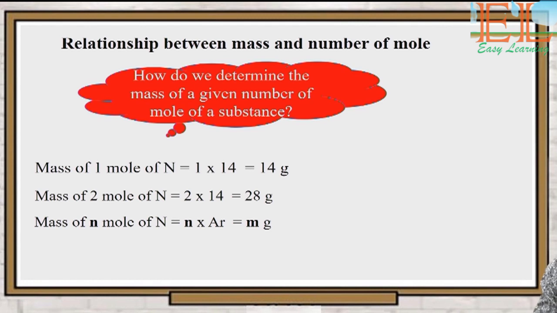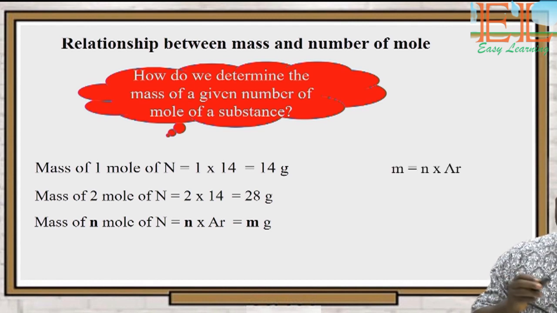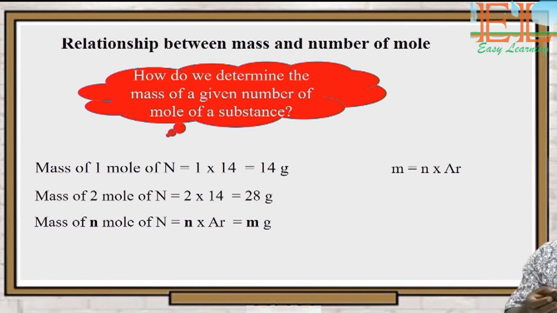It will be done by multiplying n by the relative atomic mass, and that should give us lowercase m grams. If we extract the latter part of the derivation, we arrive at this expression you see on your screen. That is, lowercase m is equal to lowercase n times Ar.